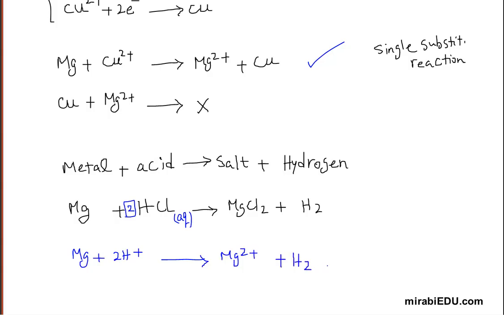This is the net ionic equation. Of course, chlorine is the spectator ion, so Cl minus will be cancelled from both sides. What does this net ionic equation tell us?